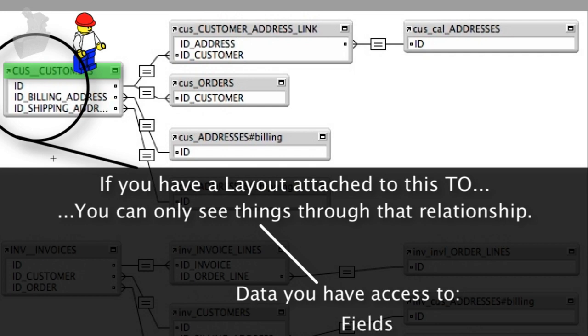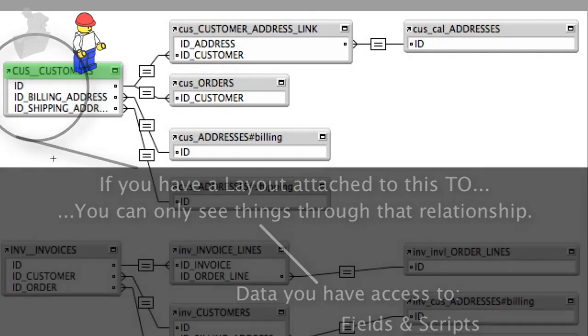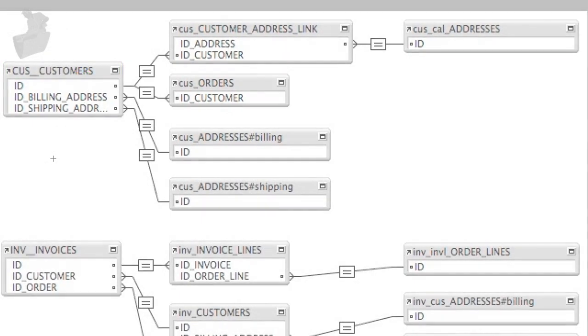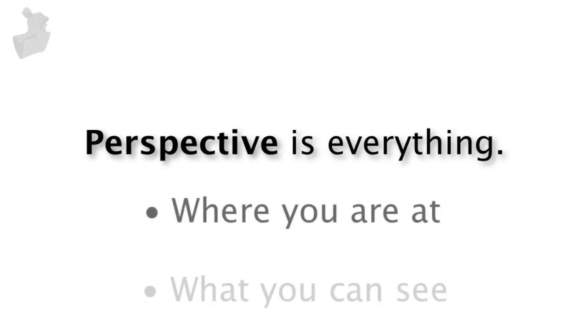And if you have a script that's running and it's in the context of that layout from that table occurrence, that script only has access to data through those relationships at that moment in time. That's super important. As we talk about in writing scripts, perspective is everything. You have to know the context of where you're at and what you can see.